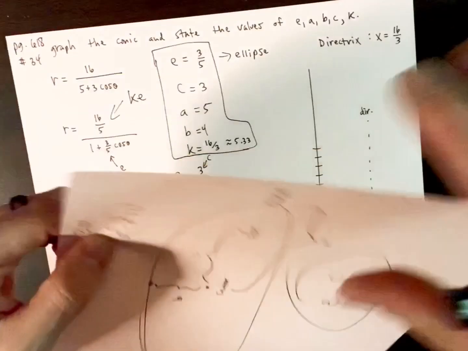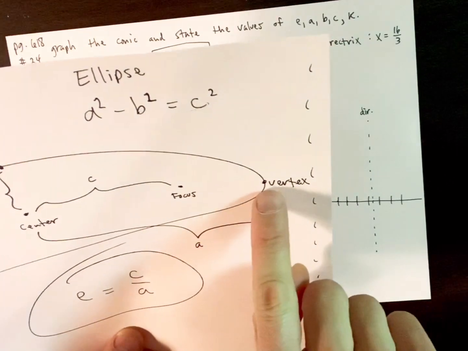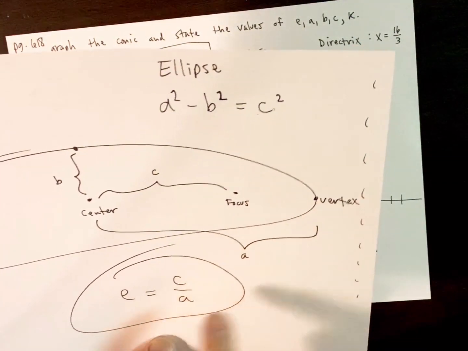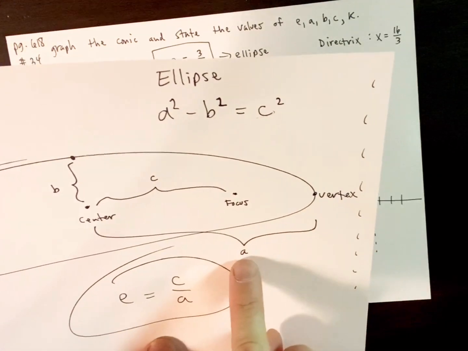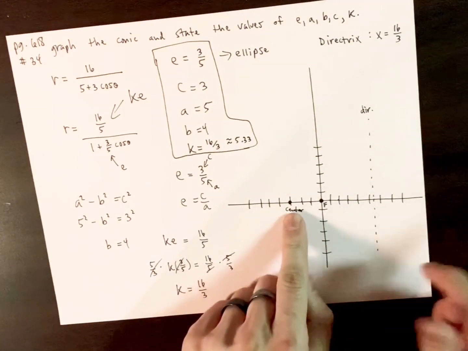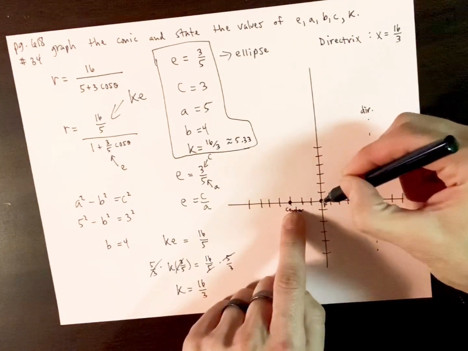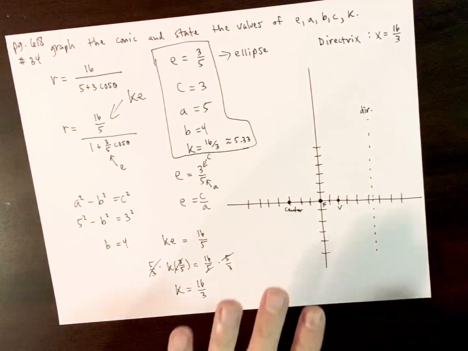And what's between my directrix and my focus? My vertex. It's somewhere in there. But how do I find the vertex? Well, notice that from the center to the vertex, you have A spaces. So go to your center. And then what's A? A is 5. So go 1, 2, 3, 4, 5. And that's a vertex.